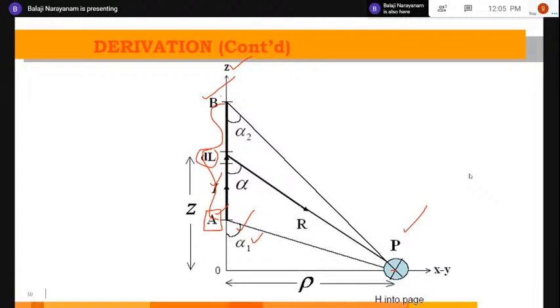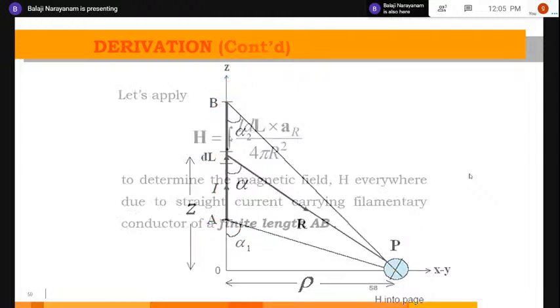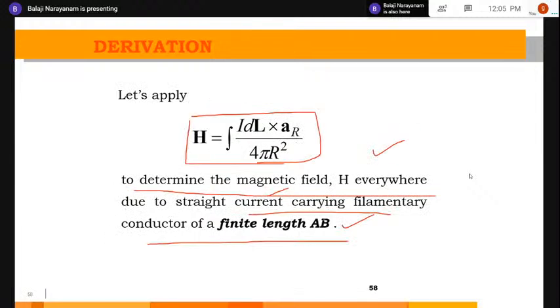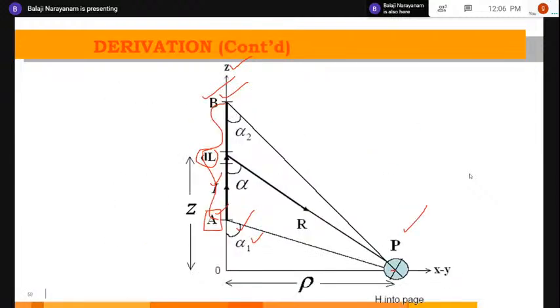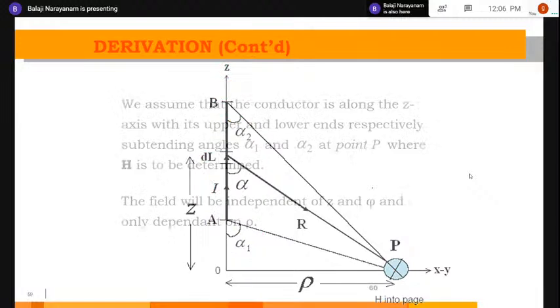And similarly, the upper portion of the filamentary conductor, which is B, of finite length AB, you observe, is subtending again an angle alpha 2. So A is subtending an angle alpha 1 to the point P, where the field intensity is found. B is making an angle of alpha 2 at the point P.